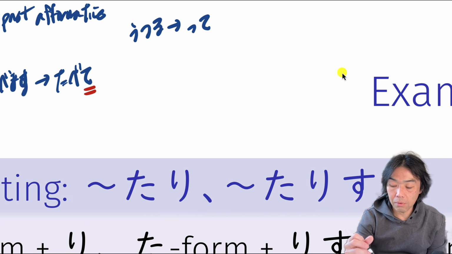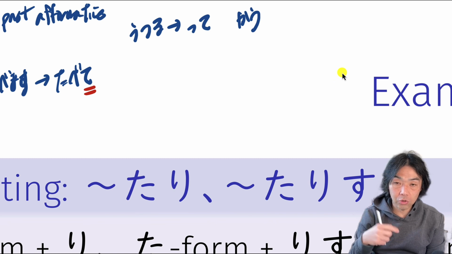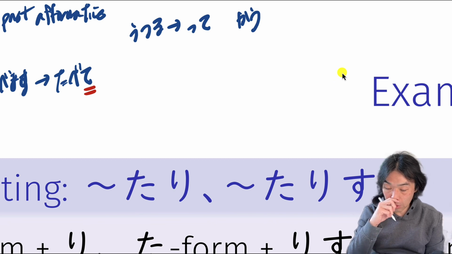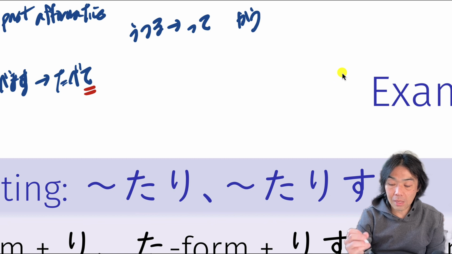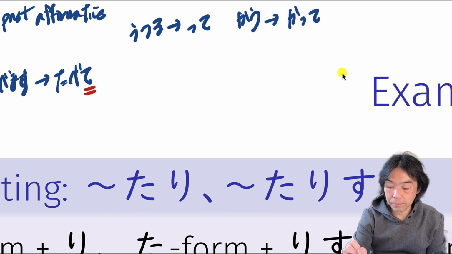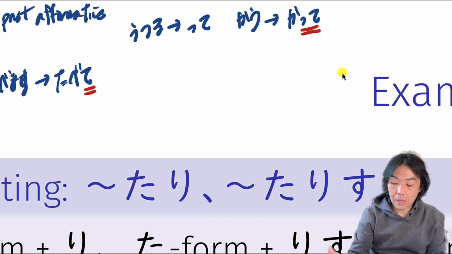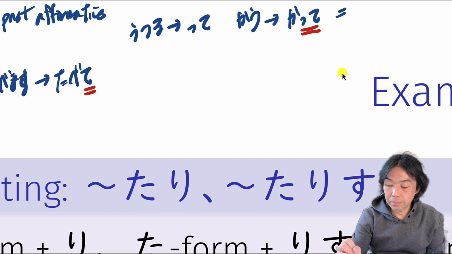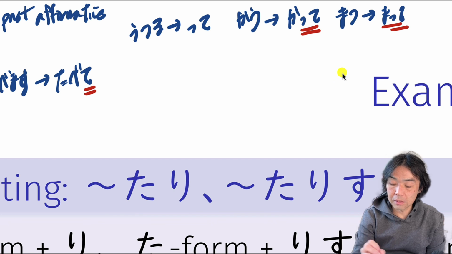So for example, kau is katte. Matsu is matte. Okay. So the short form ends with u or tsu or ru, and that becomes tte.